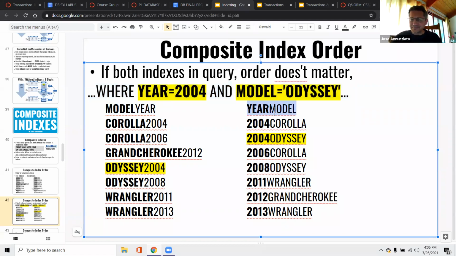The algorithm will take the values 2004 and Odyssey and will concatenate them in whatever order it had created, this one or that one. In both cases it'll very quickly traverse the binary search tree, either this way or that way. So either one works.